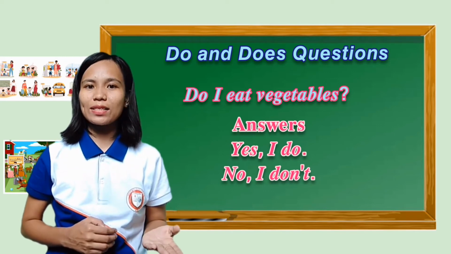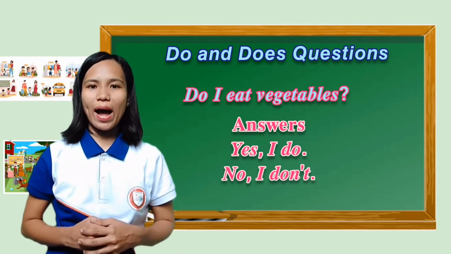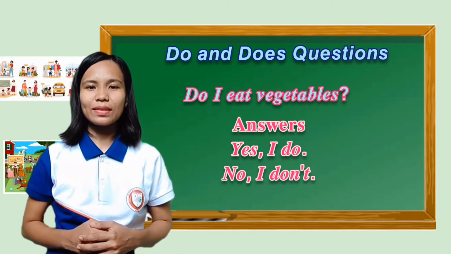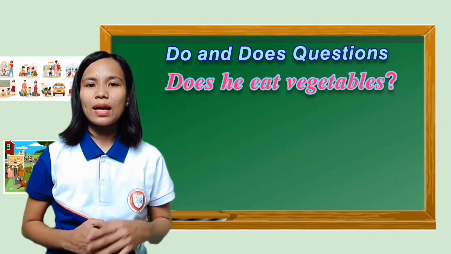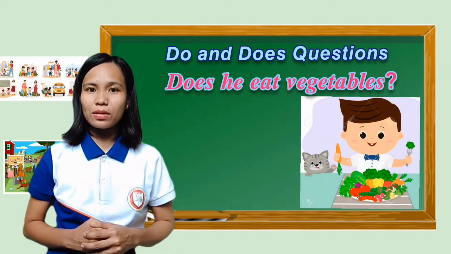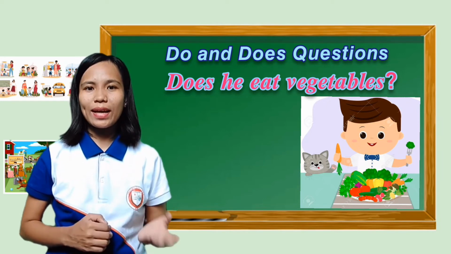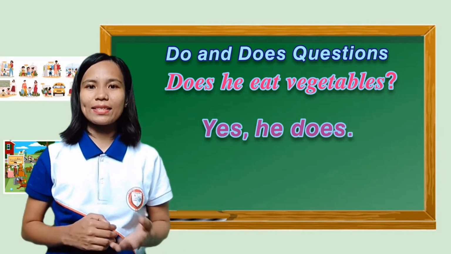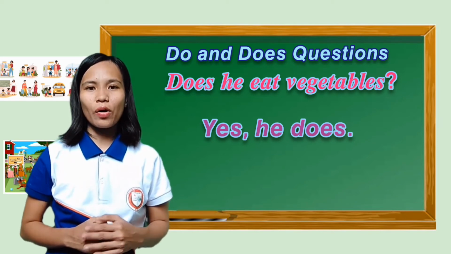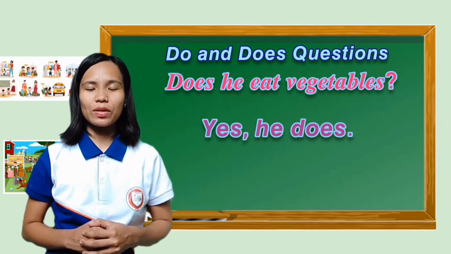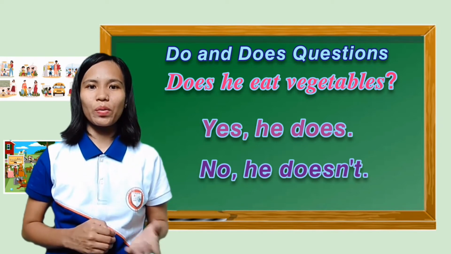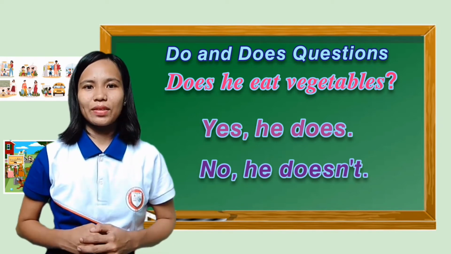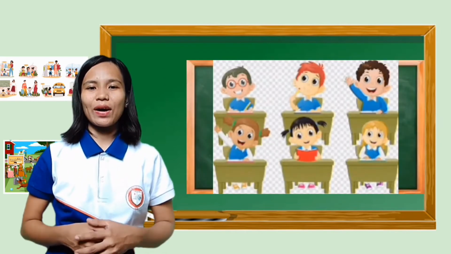Or a negative answer, which is no, I don't. Another example is, does he eat vegetables? We can answer it in an affirmative sentence, which is yes, he does. Or a negative sentence, which is no, he doesn't. Do you understand? Okay, very good.